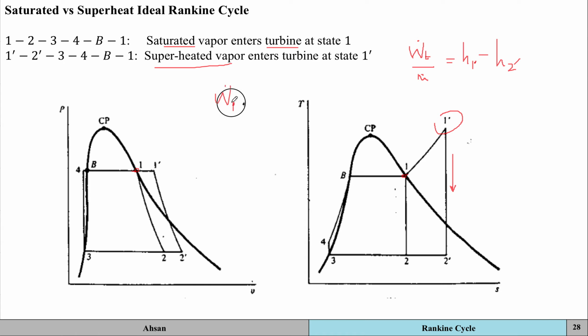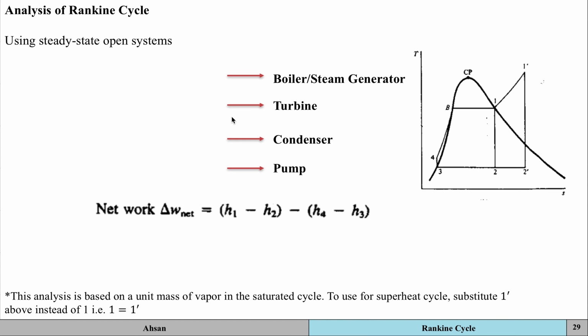So what does that mean? That means that the efficiency for a superheated ideal Rankine cycle is going to be higher as compared to the saturated ideal Rankine cycle.